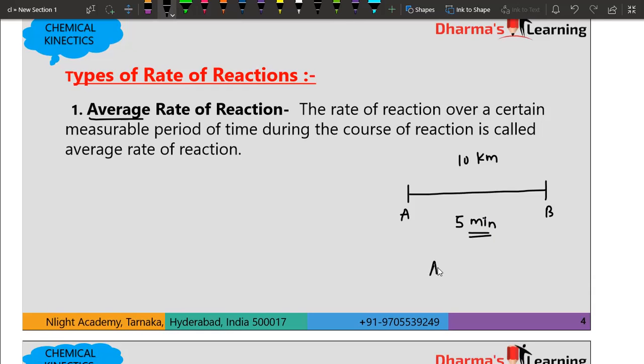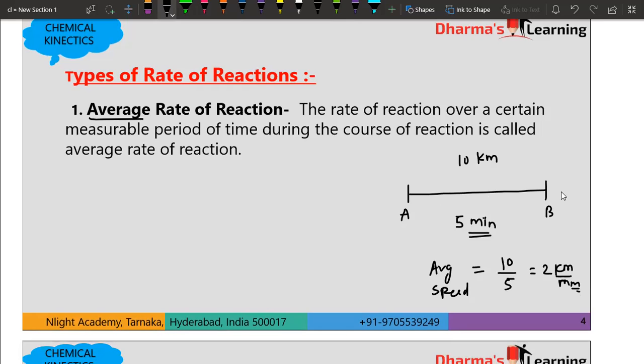It means the average speed of this travel is simply the distance divided by 5, that is 2 kilometers per minute. Will my speed always be 2 kilometers per minute during the travel? No, it may change. Sometimes I may be running at 1.5 kilometers per minute, or less than that, or more than that.